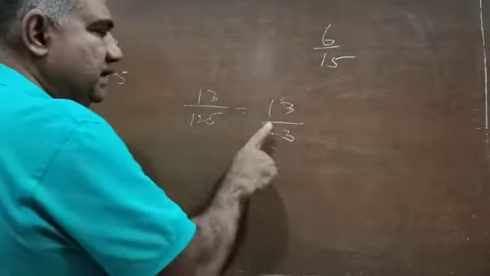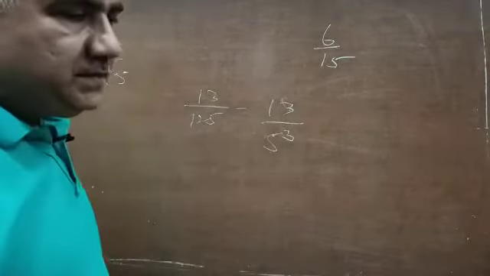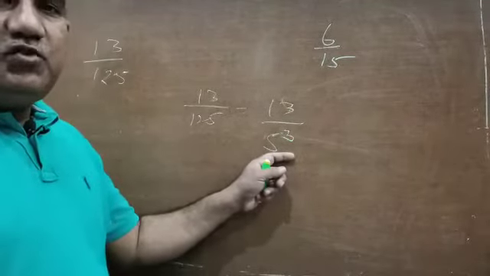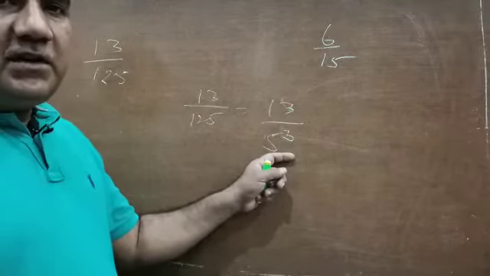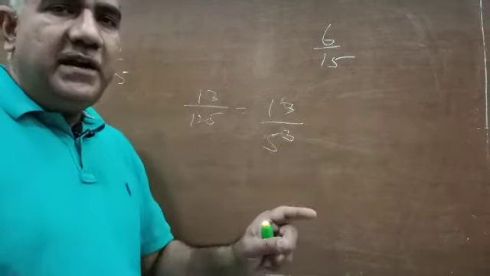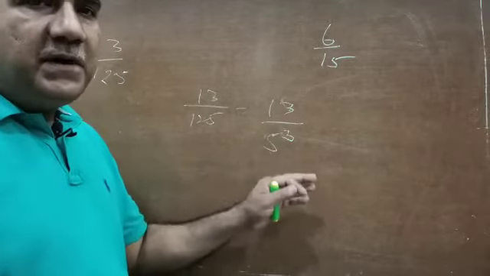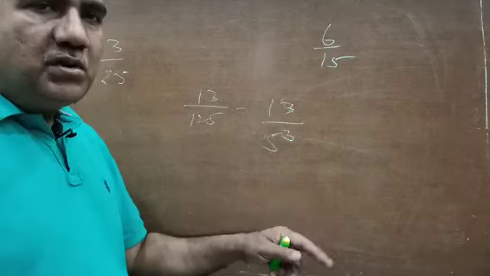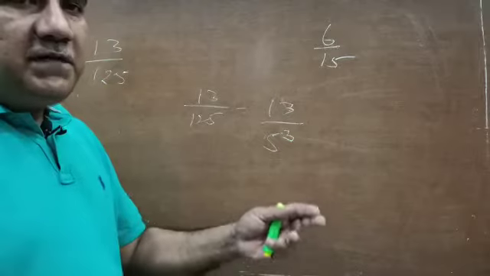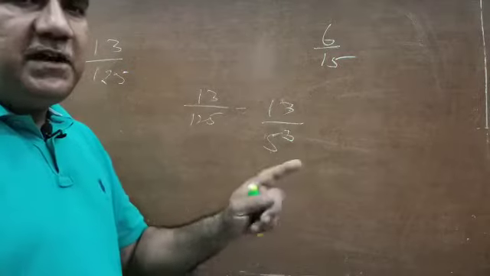In the previous session we have studied that if the denominator of a rational number is of the form 5 raised to power m into 2 raised to power n, where m and n are non-negative integers, that means the denominator contains just 5 or some power of 5, or just 2 or some power of 2, or both 5 and 2 with the same powers, or both with different powers, in every case the decimal expansion will undoubtedly be terminating.